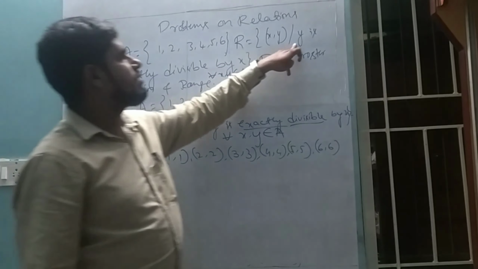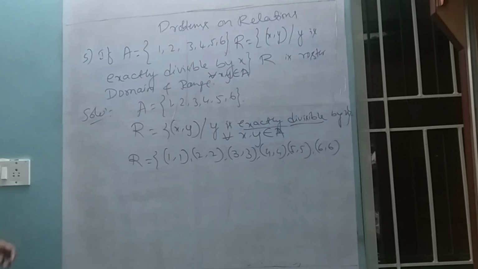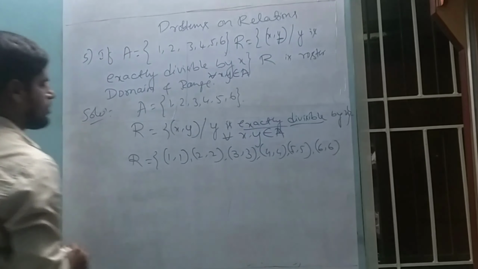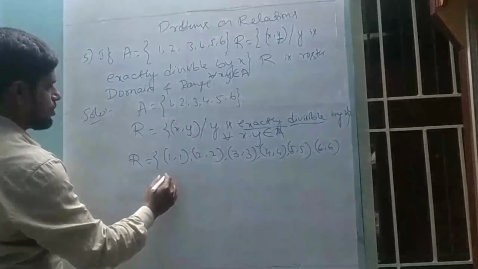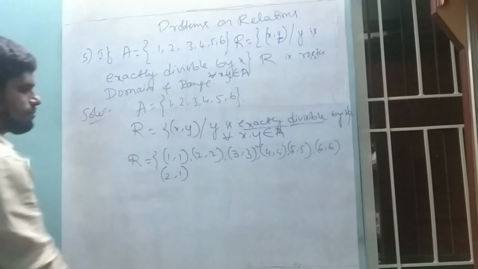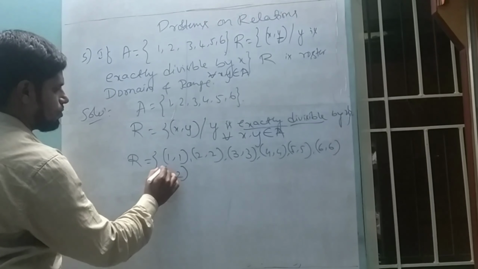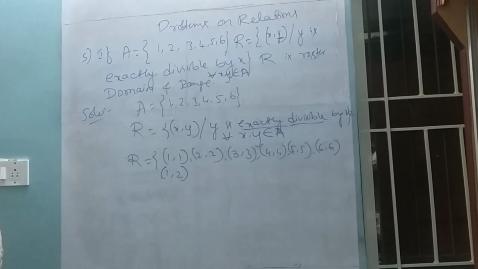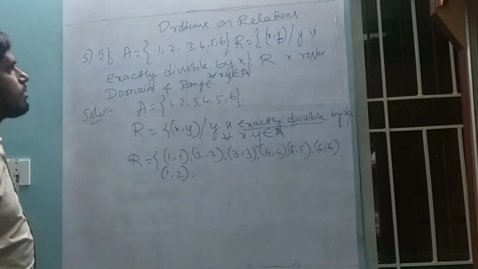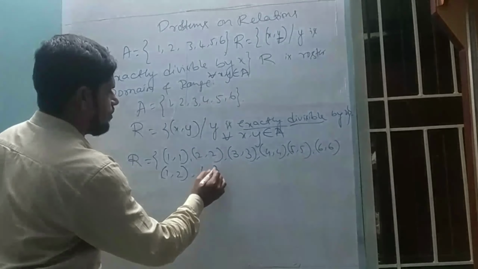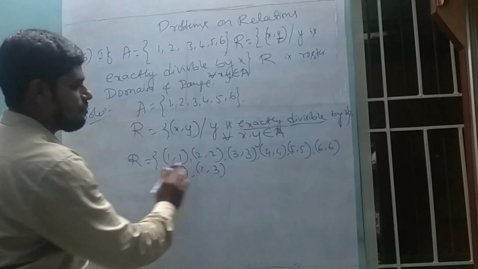Next, y is divisible by x. So this y must be divisible by this x. So what is that number? 2 comma 1. Oh, sorry. x is 1, y is 2. 2 by 1. Next, y is 3. 3 divided by 1.